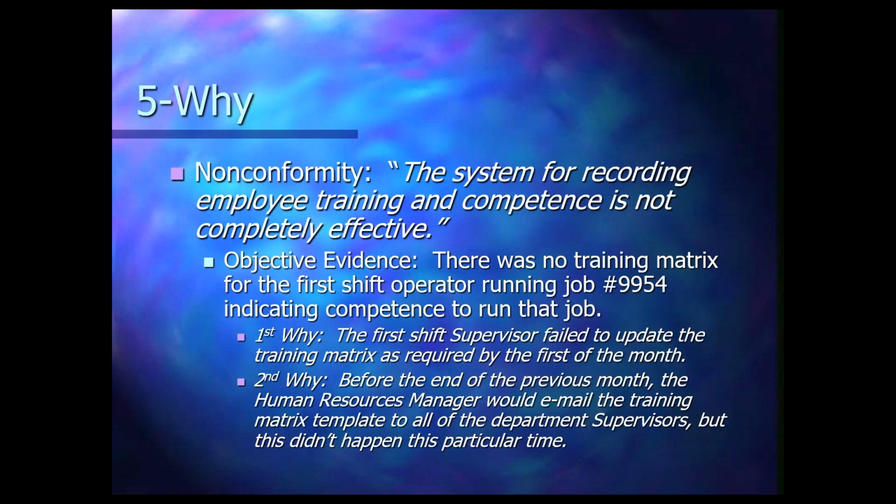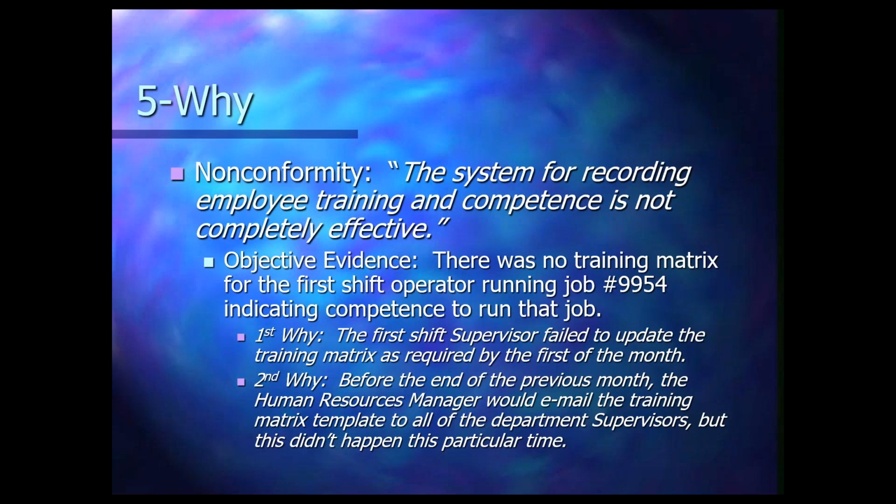So with 5Y, as I mentioned, let's take you through an example here. This was the employee training and competence issue. To begin with, there was no training matrix for the first shift operator, running job, et cetera. If we go through the cause chain here with 5Y, the first shift supervisor failed to update the training matrix as required by the first of the month. Why did that happen?